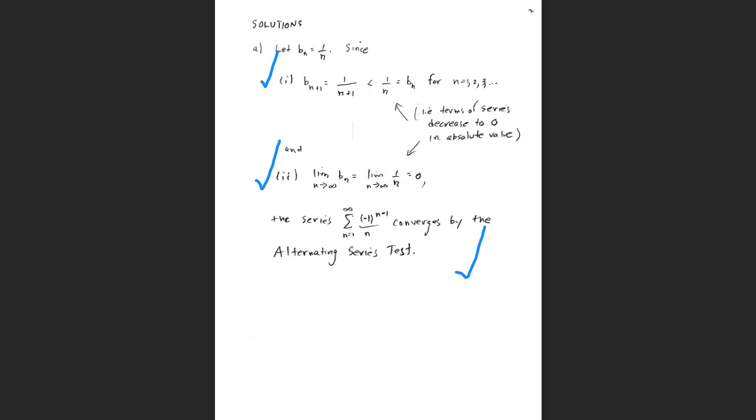If it's a simple alternating series, you can almost verify that conditions 1 and 2 are true just by looking at the series and using your common sense. So students tend to really like the alternating series test because it's usually very easy to use. We like to use it in situations that are very easy.